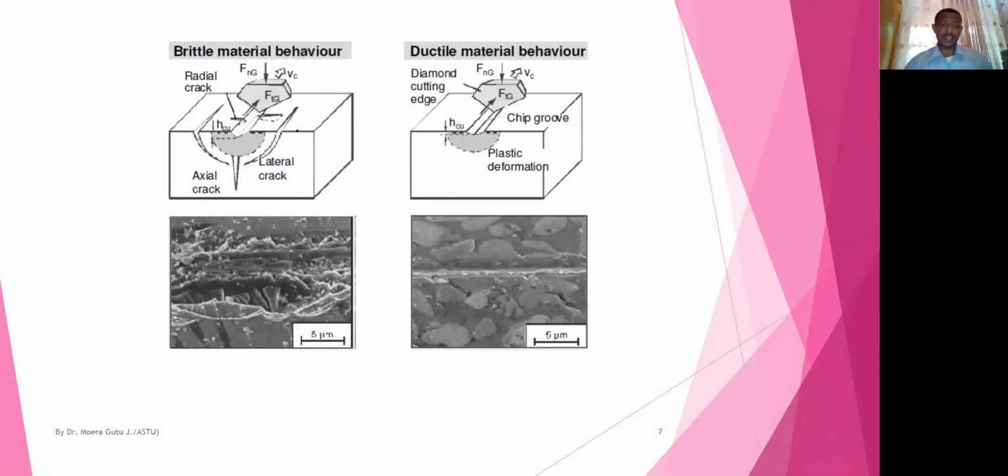So I will show here the difference between machining brittle materials and ductile materials. When the cutting load is applied, this is a cutting tool and this is a workpiece material. This is the uncut chip thickness or the depth of cut. This is the cutting velocity or machining speed, this is the tangential load and this is the axial load.